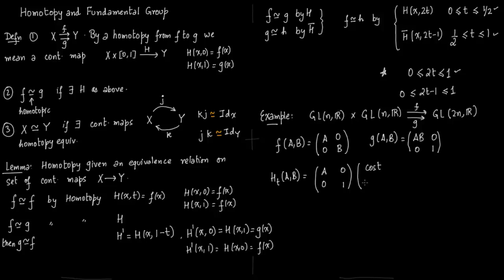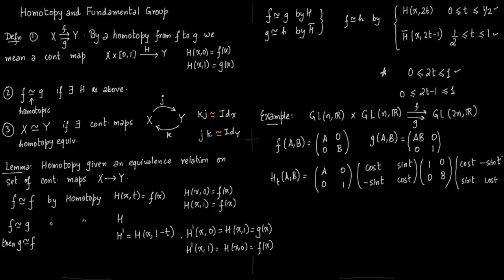You have cos t, minus sin t, cos t, 1 0 0 B, and then cos t, and then finally you have sin t, minus sin t and cos t.